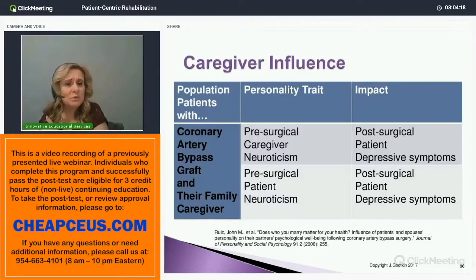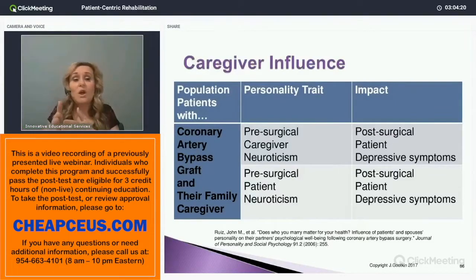Because if that patient slips into a potential depression, it's not only emotionally not beneficial, but depression has physical symptoms where they don't want to be as active. If they just had a CABG or a major surgery, that's going to impact their recovery and increase their risk of complications. So we're looking at this from a bigger perspective.